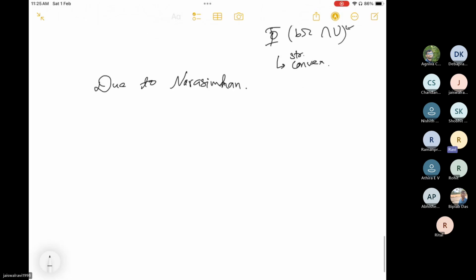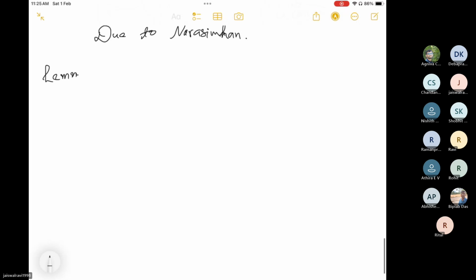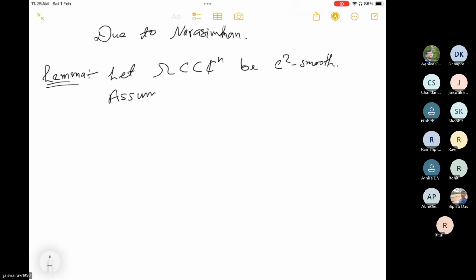So let us write the lemma. Let omega be a bounded domain in Cn and it is C2 smooth. Assume omega is strongly pseudoconvex.